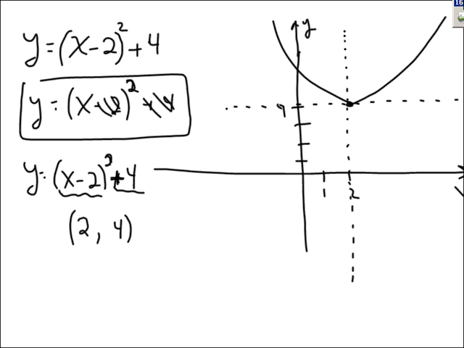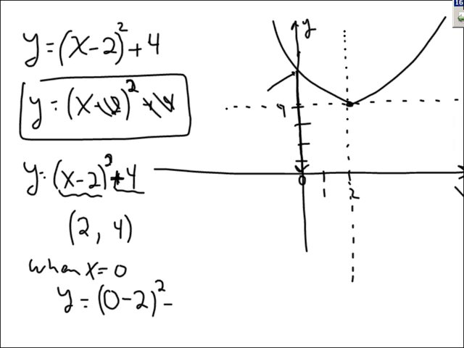Done. I mean, it would be nice to know what that point is. When I look straight down to the x-axis, I see good old 0 there. When x is 0, copying the top line, y is equal to x minus 2 squared plus 4, which is negative 2 squared plus 4, which is 4 plus 4, which is 8.